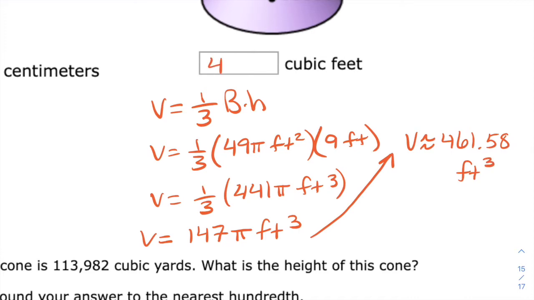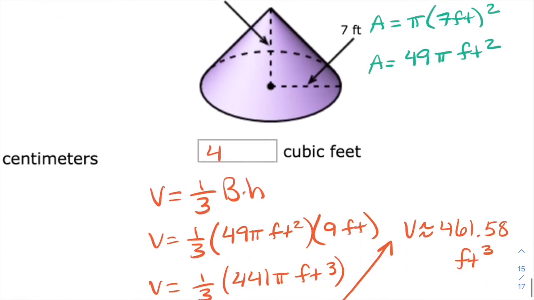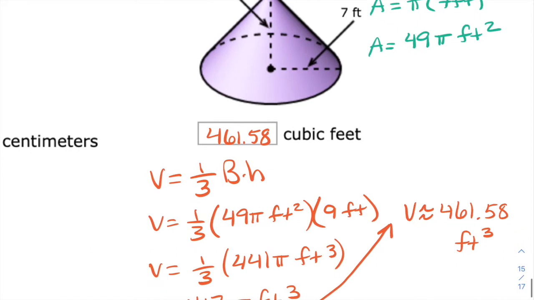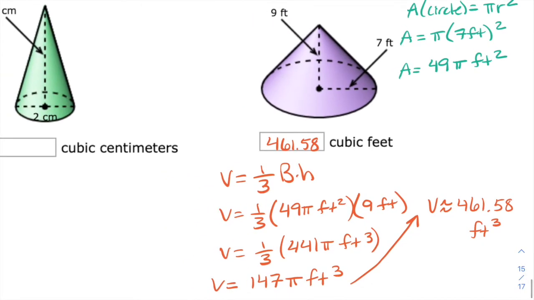And it wants it rounded to the nearest hundredth, which it already is, so 461.58. I'm going to check my work real quick. Yep, I got the same answer.